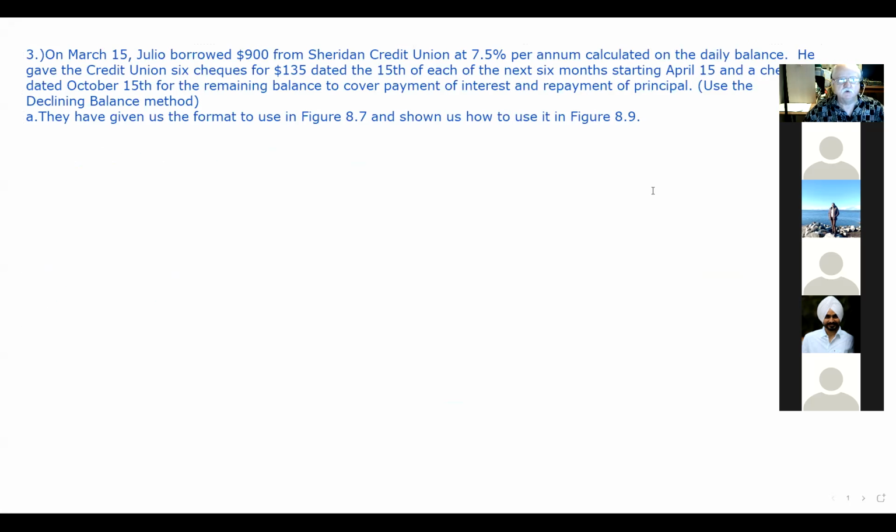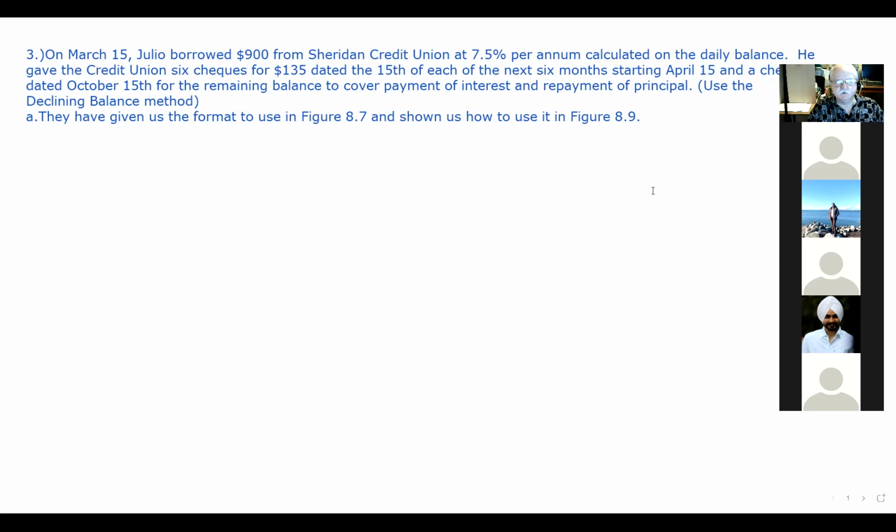So on March 15th, Julio borrowed $900 from Sheridan Credit Union at 7.5% per annum, calculated on the daily balance.